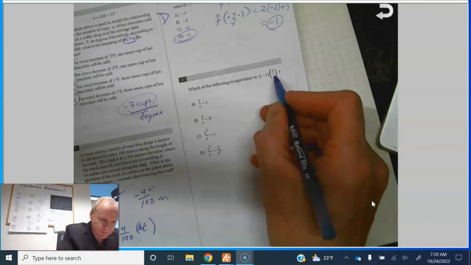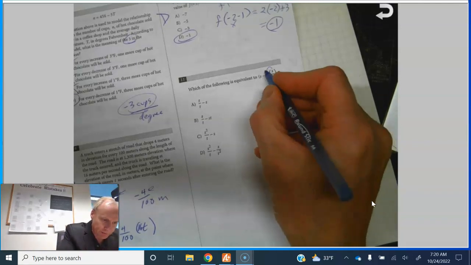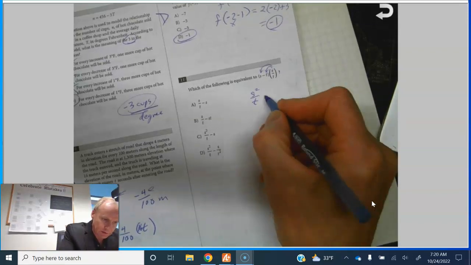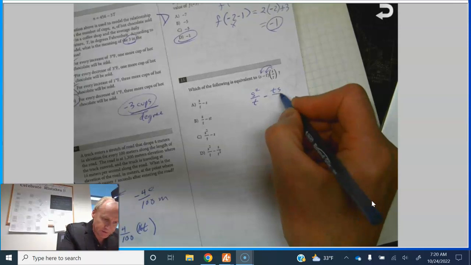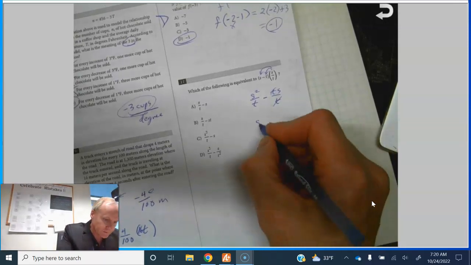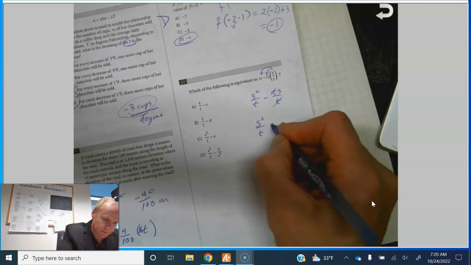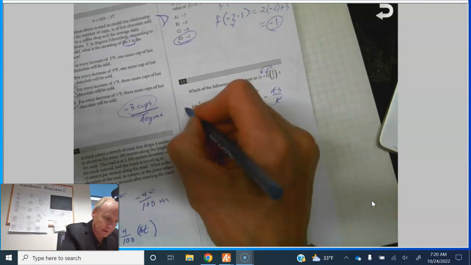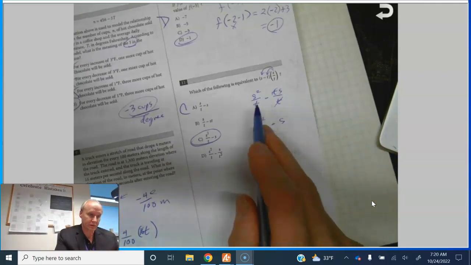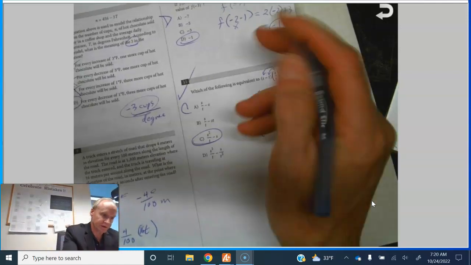If you want, you can just multiply this times both parts. That gives you s squared over t minus ts over t. And the t's cancel out, assuming that t is not equal to 0. So you get s squared over t minus s. Now, they did not put that t cannot be equal to 0, which is a real problem here. But I'm just going to put a check on that one. We'll come back to it.